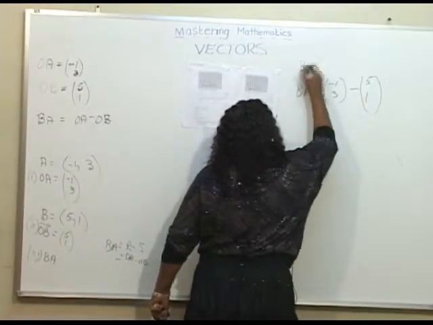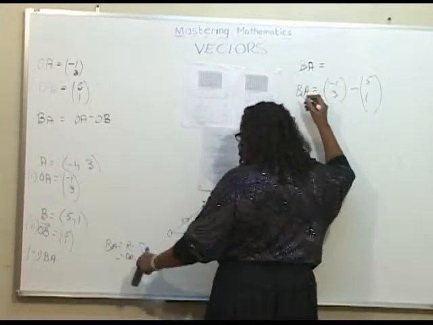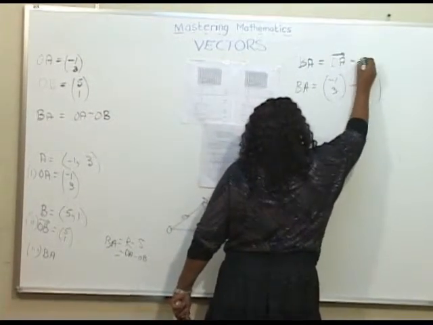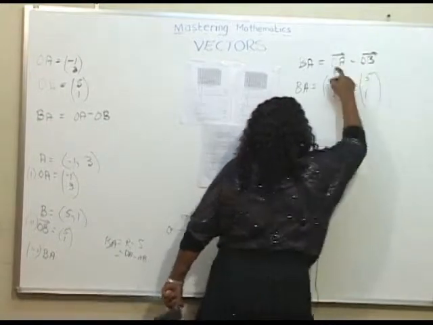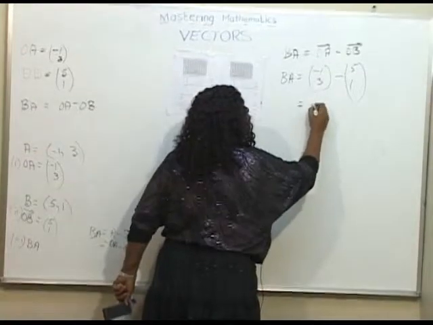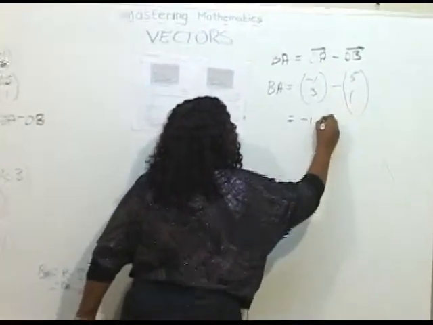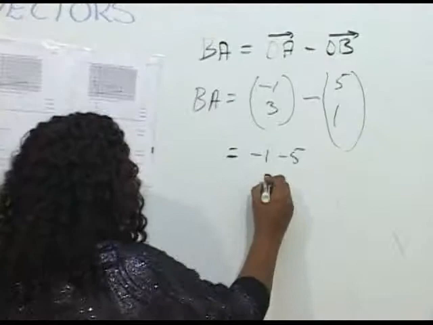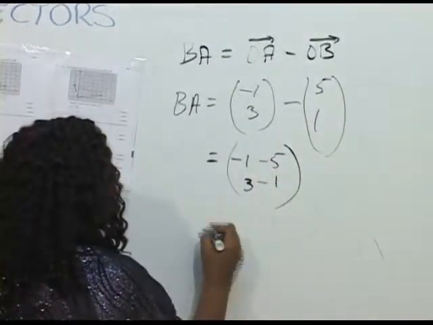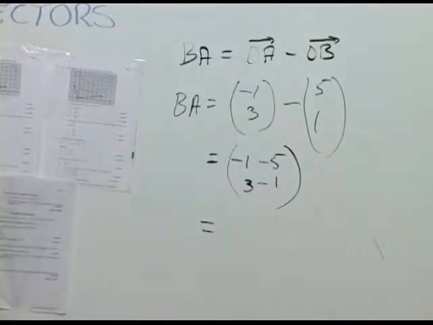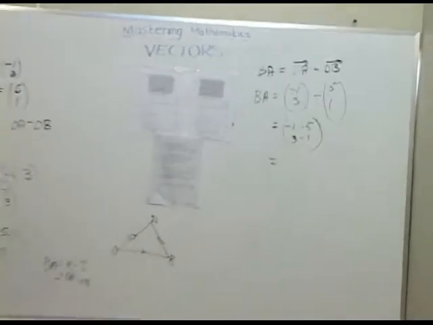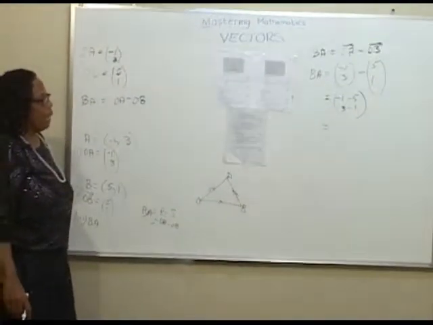Because we have just discovered that BA is equal to OA minus OB. And that is why we're substituting those components, and it comes out to be negative 1, and it's still minus 5, and it is 3, and it is minus 1. So that when we simplify, don't forget the directed number rules. All right, so we have negative 1, negative 5.